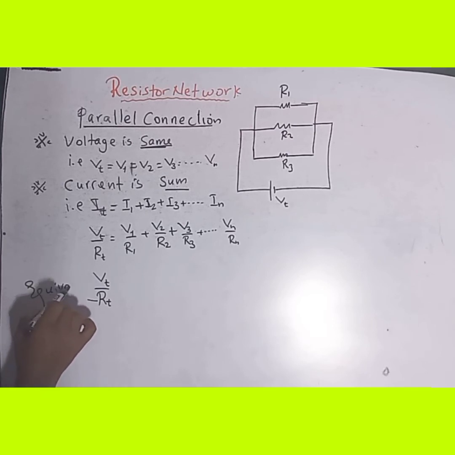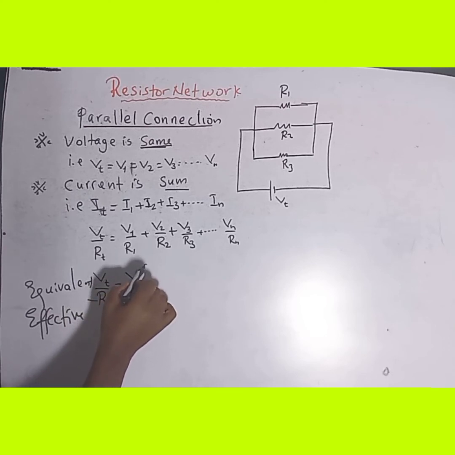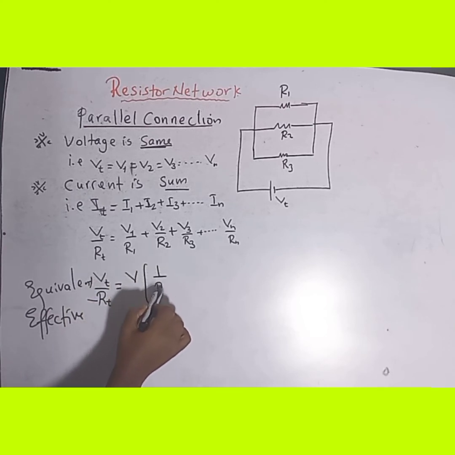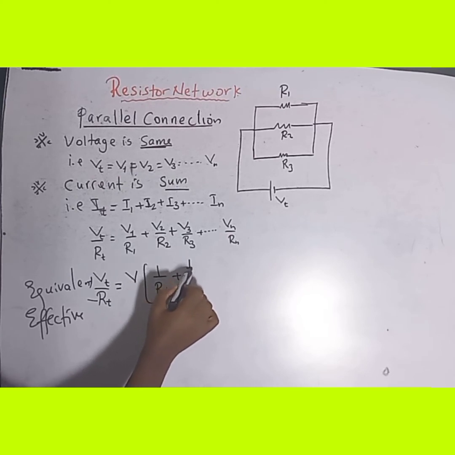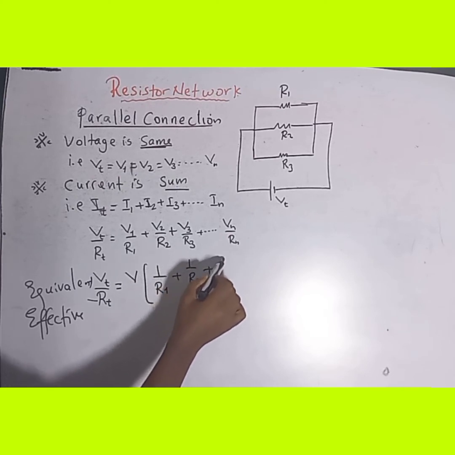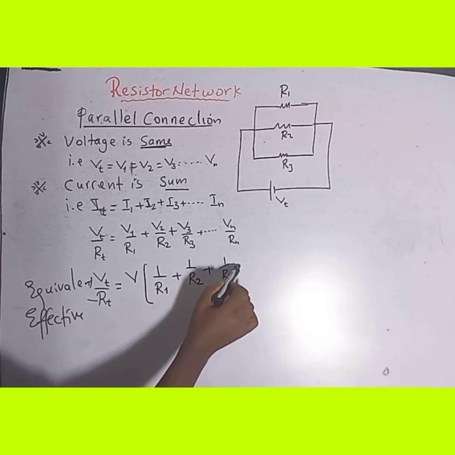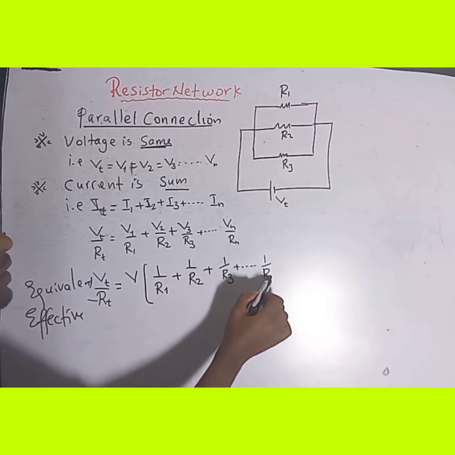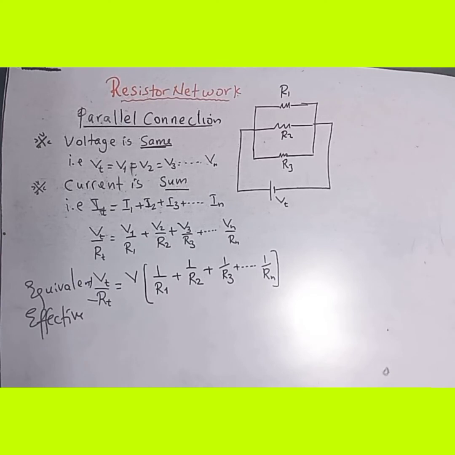or the effective resistance for a parallel connection, equals V times 1 over R1 plus 1 over R2 plus 1 over R3 plus 1 over Rn. And voltage is the same throughout the circuit, so we can cancel it by multiplying by the reciprocal of the voltage.